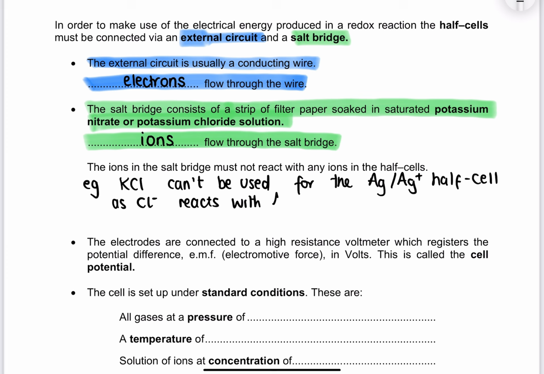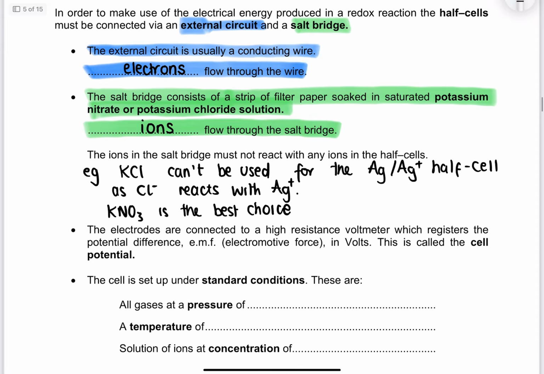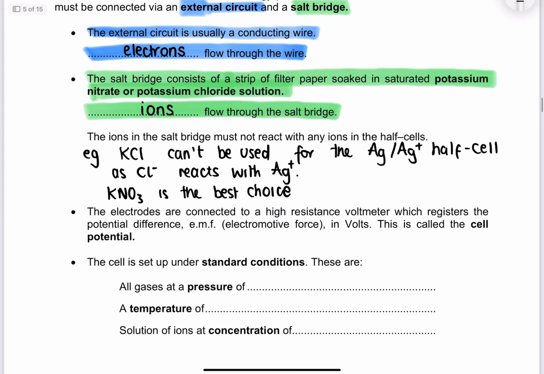We know that we get a white precipitate with Ag plus. KNO3, potassium nitrate, is the best choice as nitrate ions are unlikely to react.